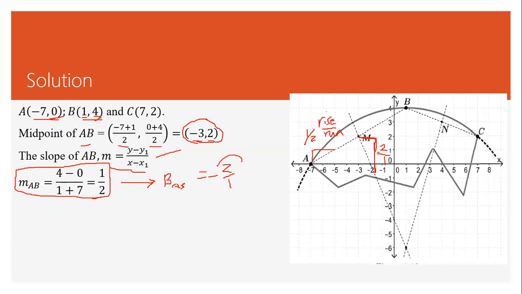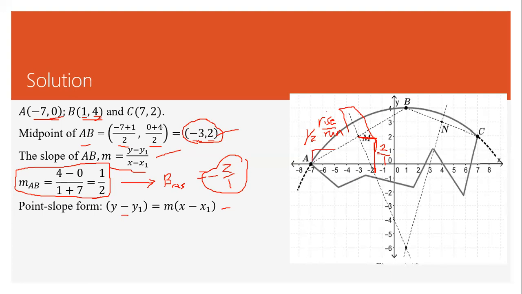Since we have the slope of the bisector line and the midpoint, we can determine the equation of the bisector line. Using the point-slope form, y minus y sub 1 equals m times x minus x sub 1.